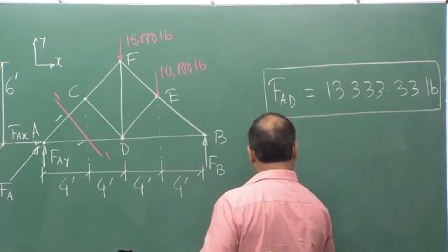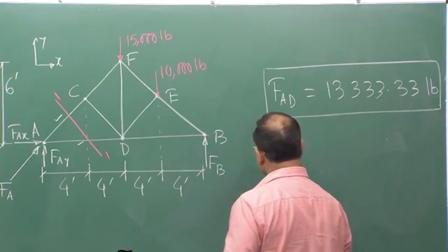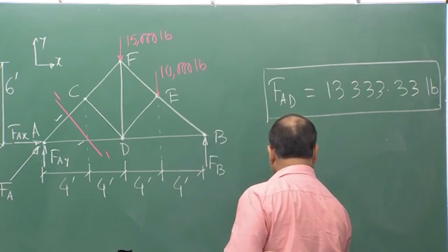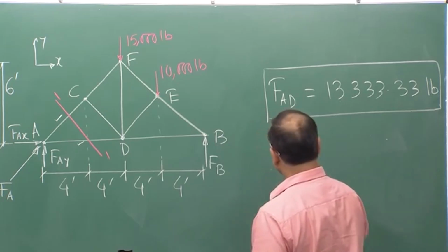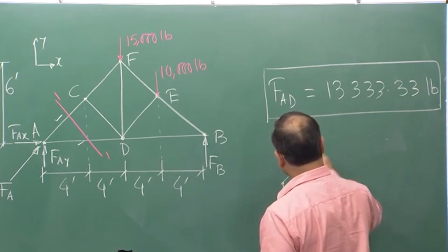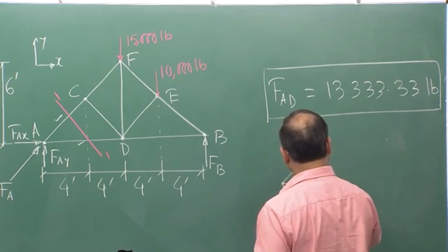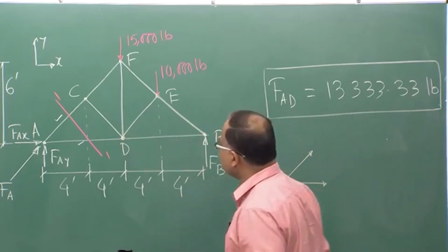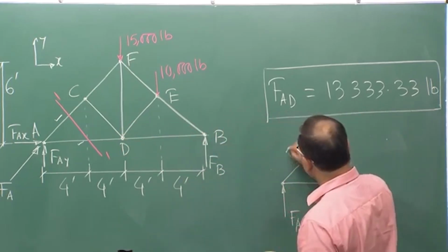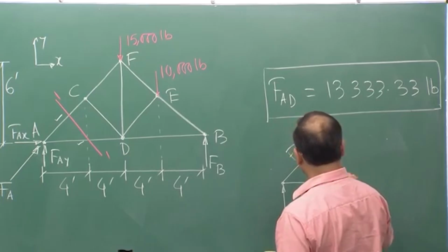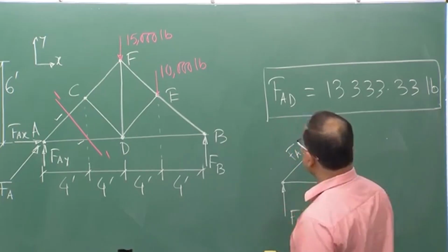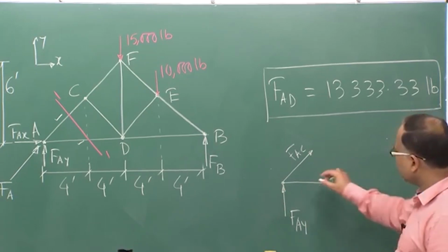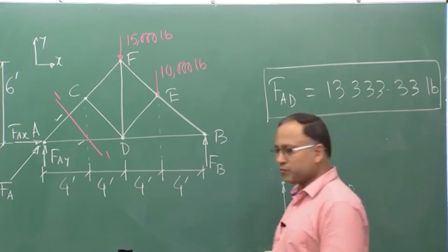So, this is your joint A, this is your FAY acting, and if you consider both the forces are say tensile, you do not know. So, FAC and FAD, and you can solve it, okay.